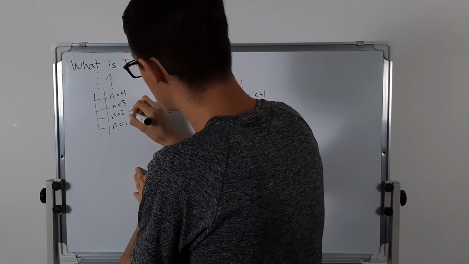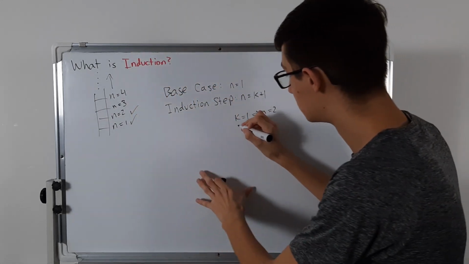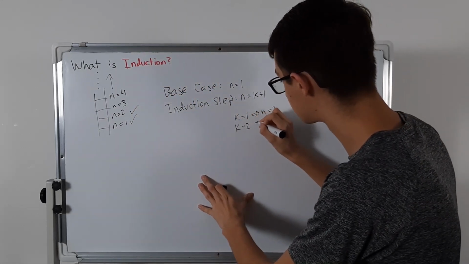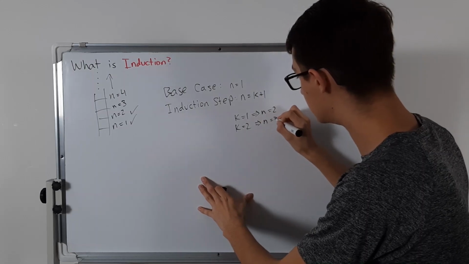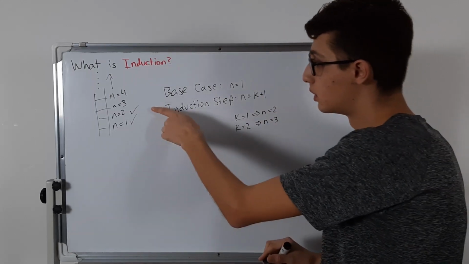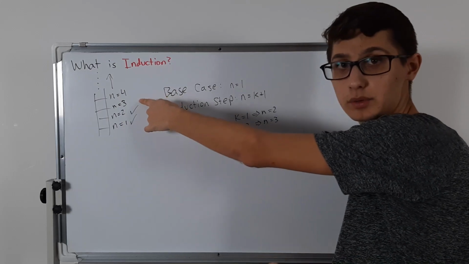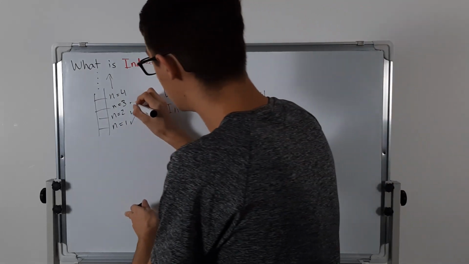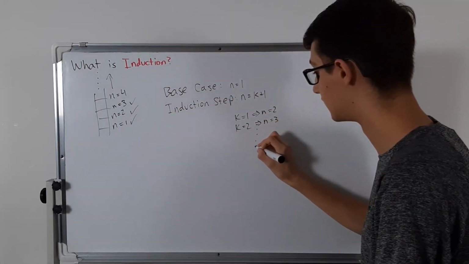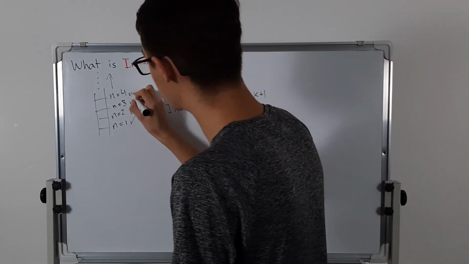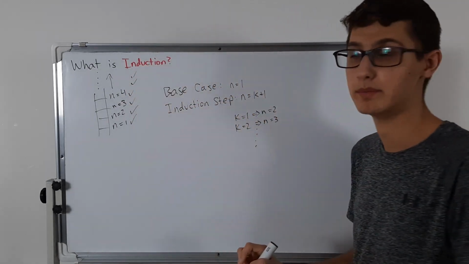So now let's say we proved that. Now we have k equals 2. Well, that's going to give us n equals 3. So we proved it for k equals 2, so now let's go to n equals 3. We proved this, and then we just keep iterating that process, and we prove this and that and that and so on.